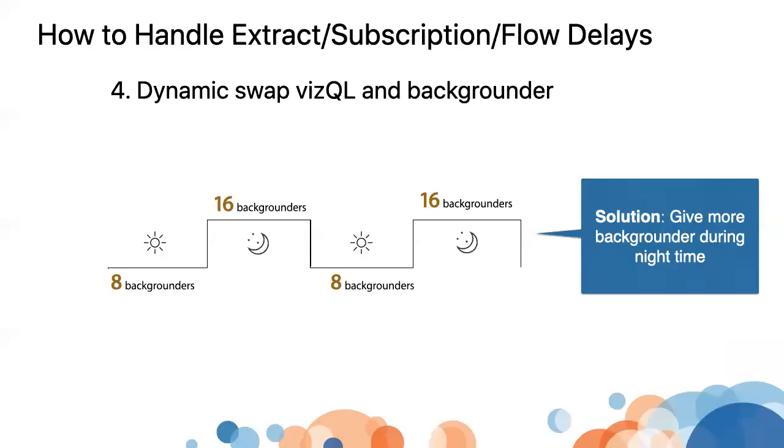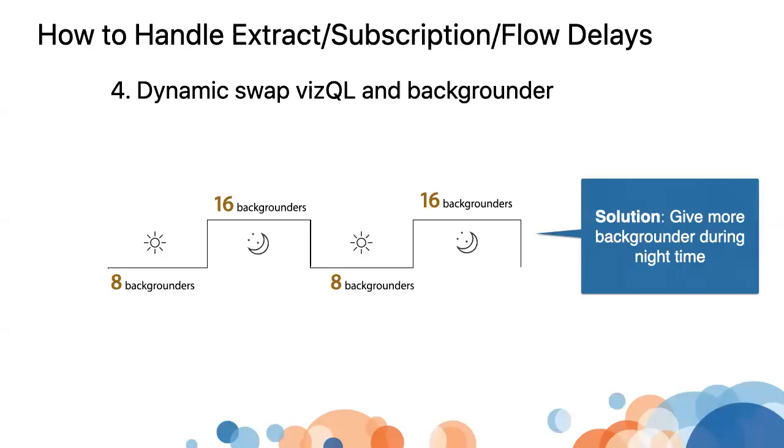Number 4. Now, number 4 talks about how to increase your capacity without adding a new machine, without adding a new license. So how to make better efficiency between VizQL and backgrounder.